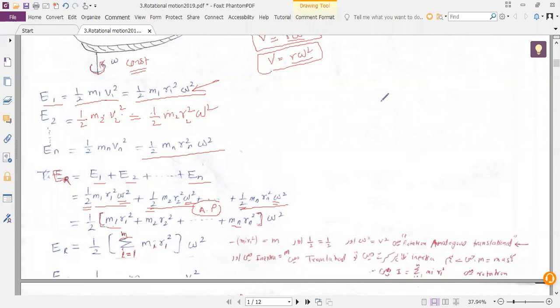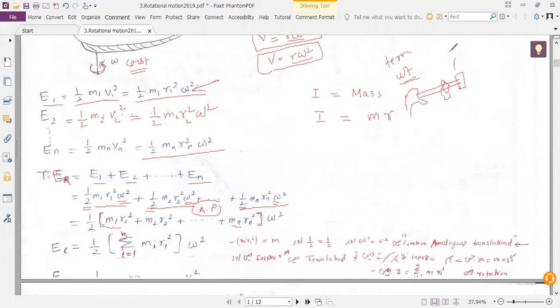Okay. Now, one more thing. In linear motion, we represent inertia by mass. But in rotational motion, we represent inertia by mass and distance as well. For example, if we have a hammer, where you hold the hammer determines how much weight you feel. If you hold the hammer at the end, you feel more weight. If you hold it near the head, you feel less weight.